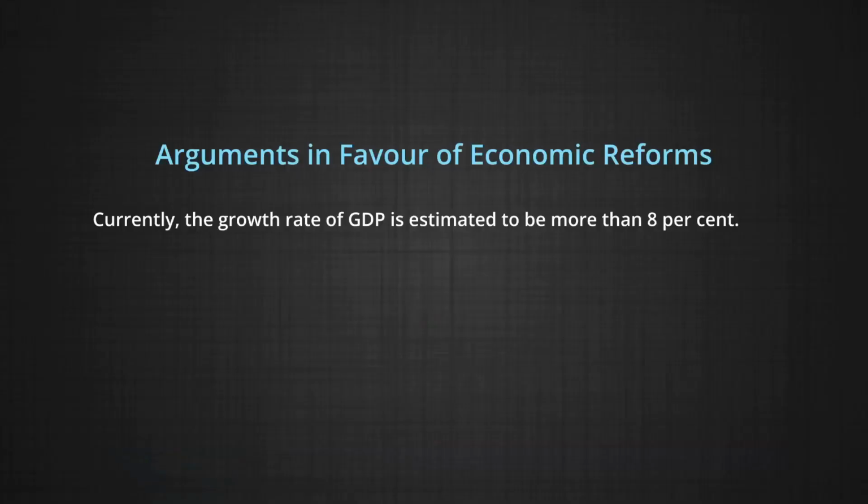During this period, the growth of agriculture and industrial sectors has declined, whereas the growth of service sector has gone up. This indicates that the growth is mainly driven by the growth in the service sector. Currently, the growth rate of GDP is estimated to be more than 8%.